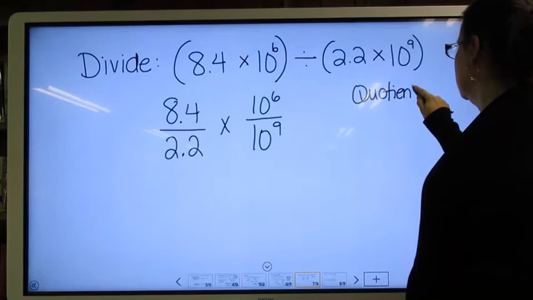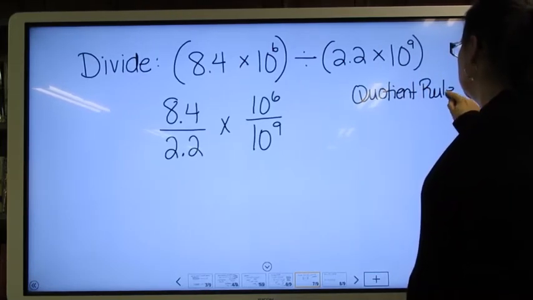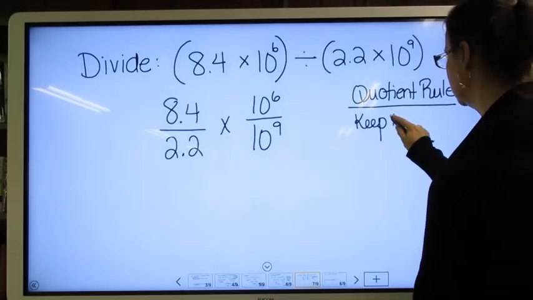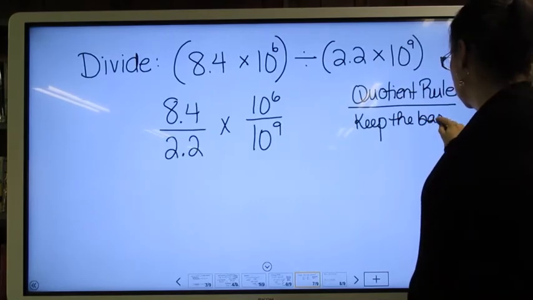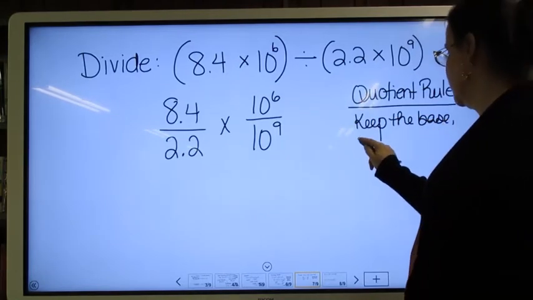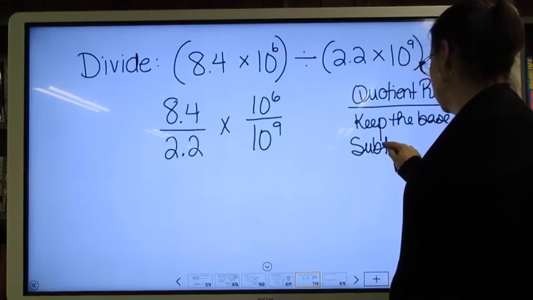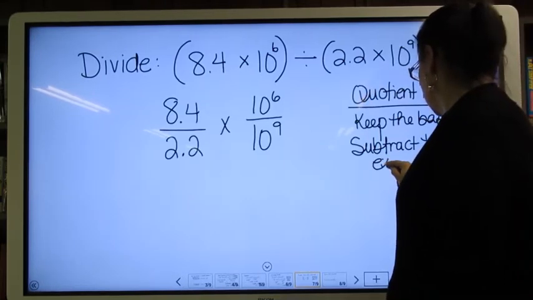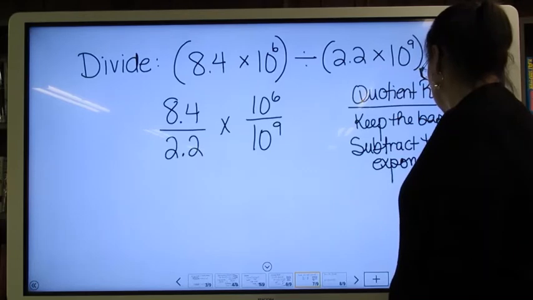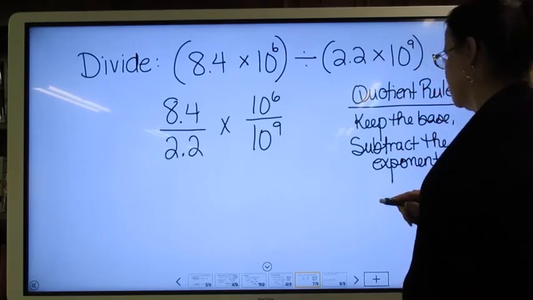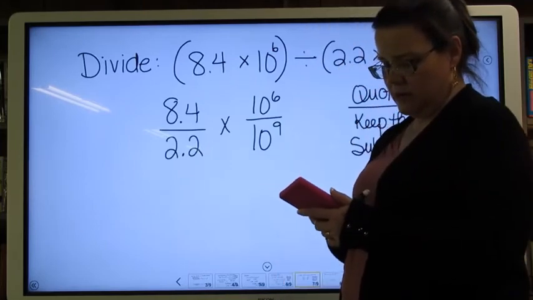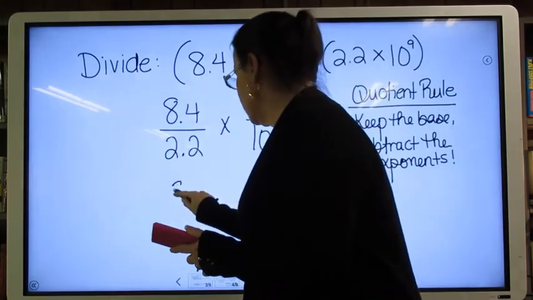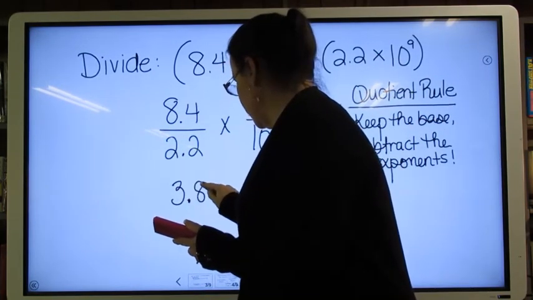The quotient rule, in polynomial world, as I call it, tells you to keep the base as long as the bases match, and subtract the exponents. 8.4 divided by 2.2 is going to be 3.80.